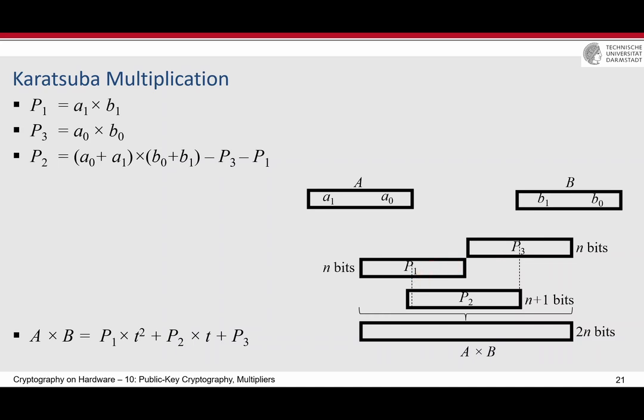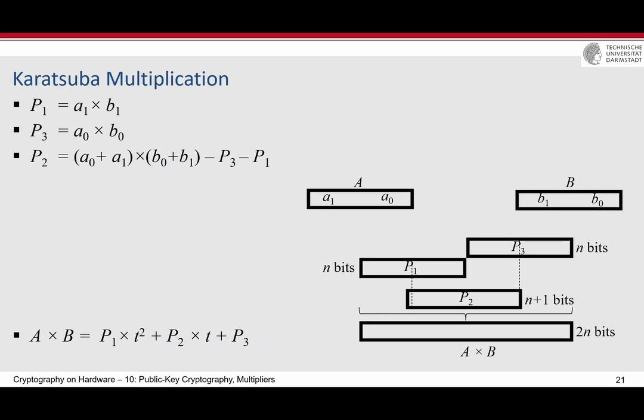So you can concatenate P1 and P3 together, and this is the n-bit word of the sum of P1 plus P3, and there is no carry at all. But then you need to position P2 in a correct location and then sum it up.